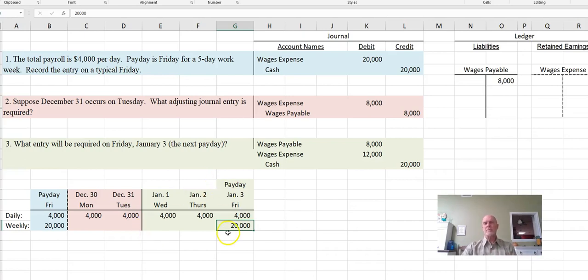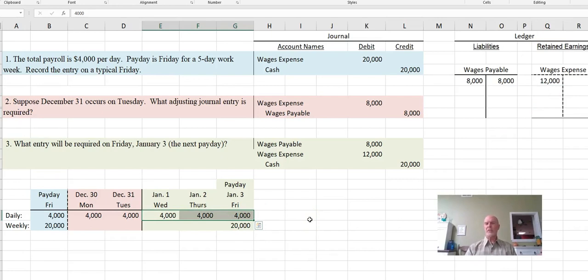Anyway, now it's Friday. We're going to pay our employees, credit cash for $20,000, and the debits, $8,000 of that is to take care of the liability that we had recorded at the end of the previous period, and then the remaining debit of $12,000 would go to wages expense, and that represents the first 3 days of wages in the brand new year.